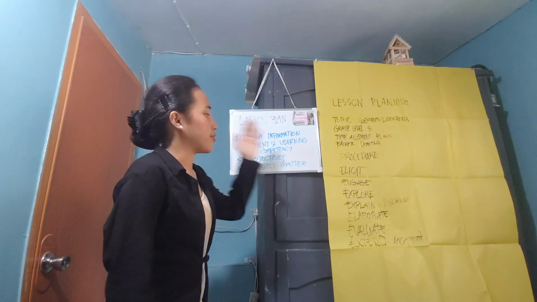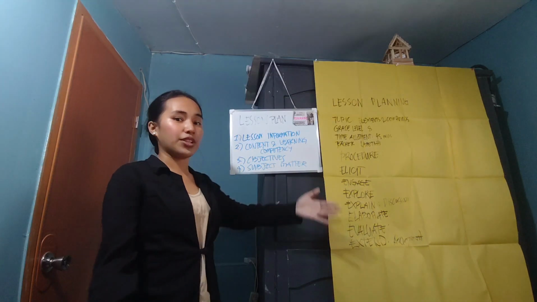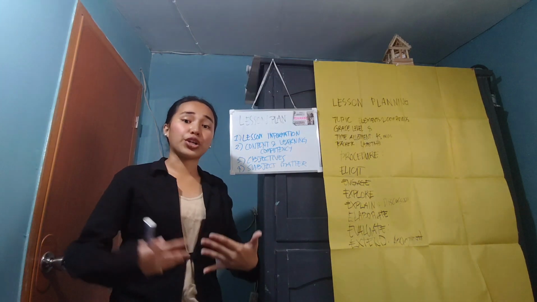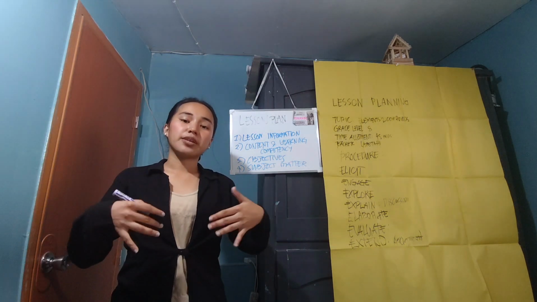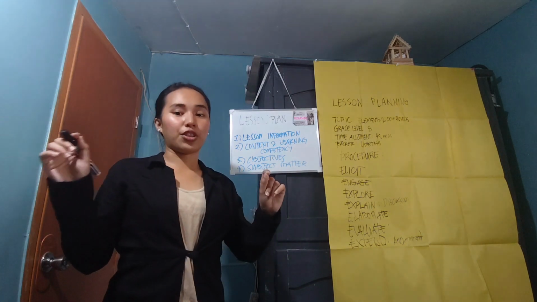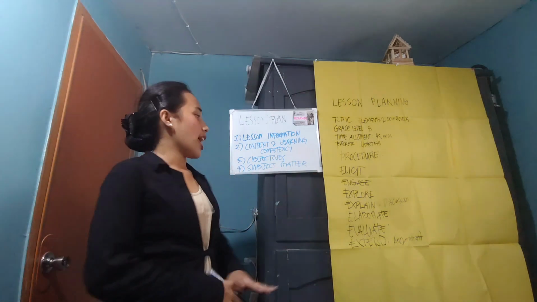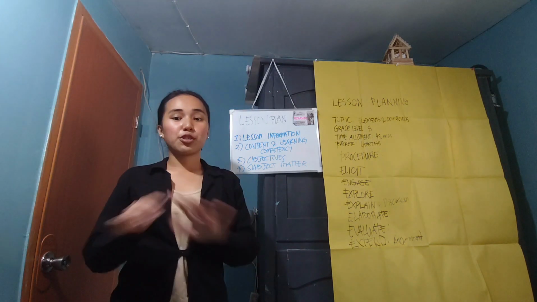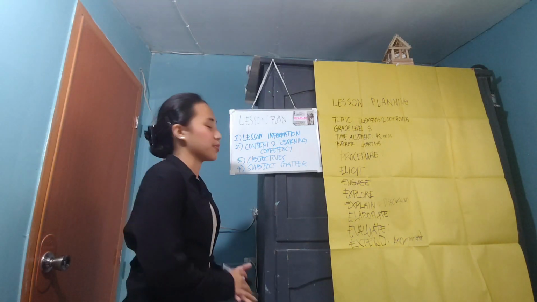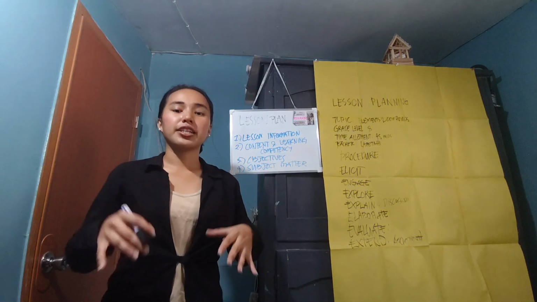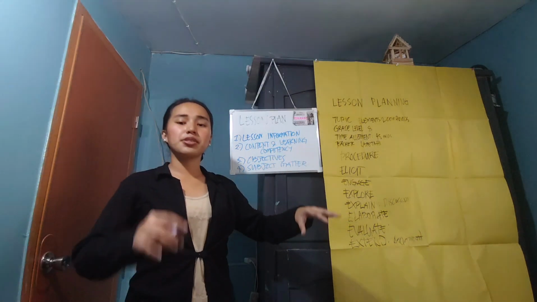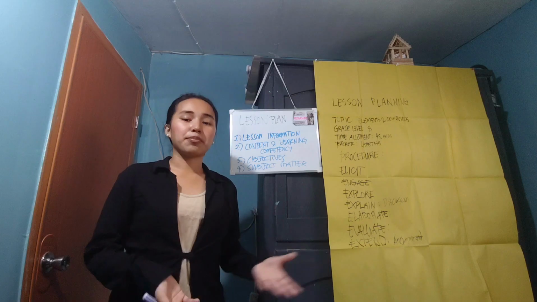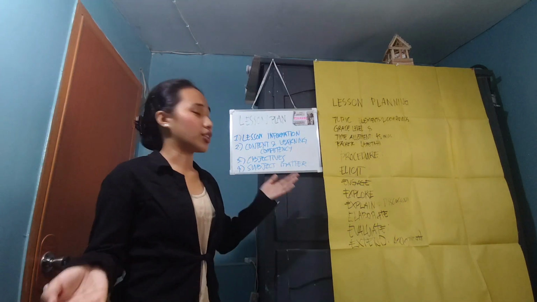Then next we have engage, of course, to engage the students into learning more and get knowledge. And then next we have explore. So of course, exploring means letting the students explore the concepts or any examples that are related to your topic.